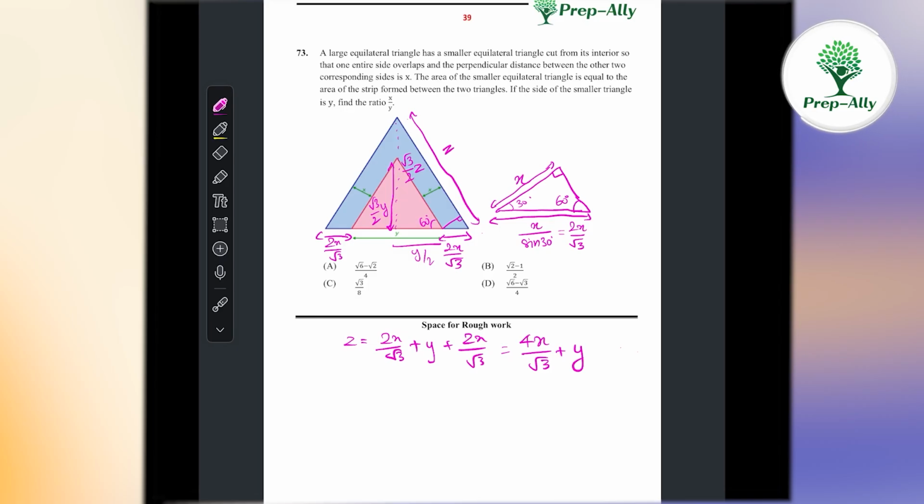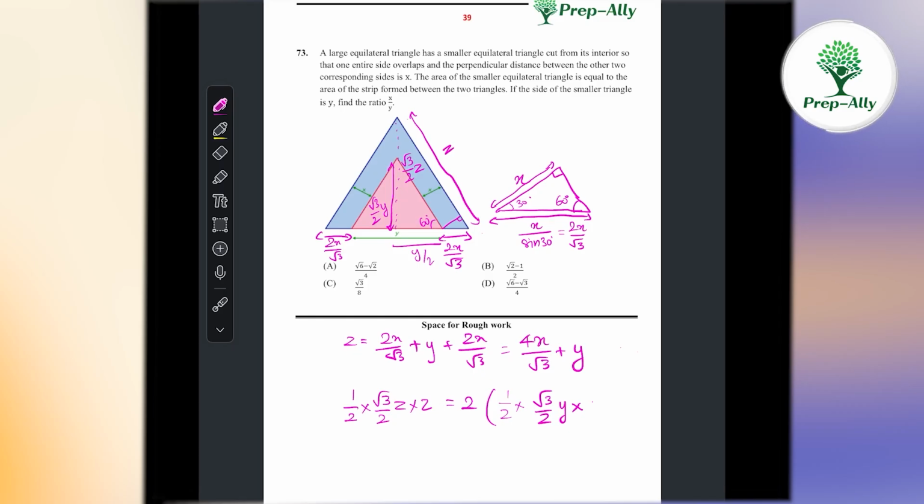So we have the area of the bigger triangle, that is half times root 3 by 2 z times z equals 2 times the area of the smaller triangle, that is 2 times half times root 3 by 2 y times, z.